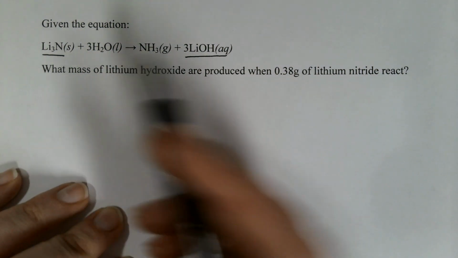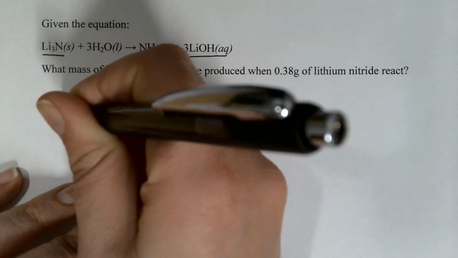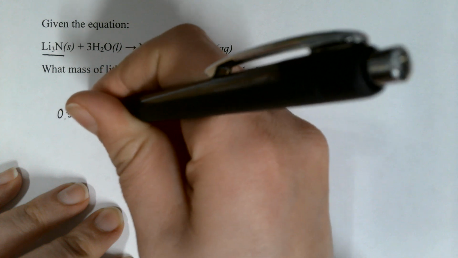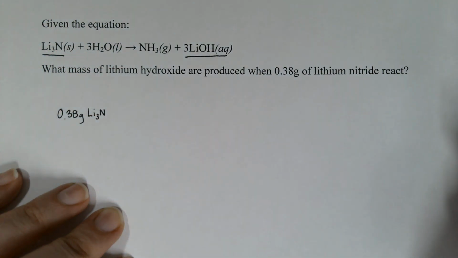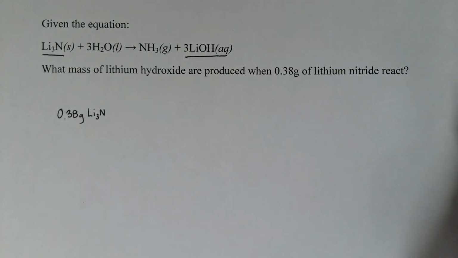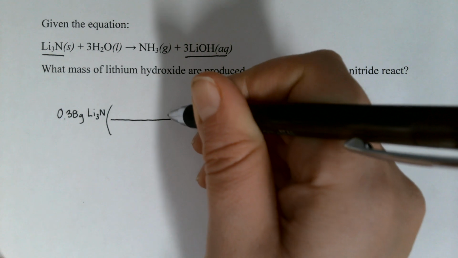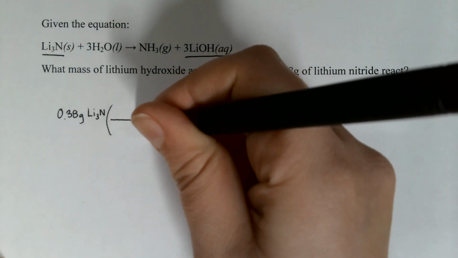So, we're going to start with the given amount, which is 0.38 grams of lithium nitride. Our first step is to convert that to moles of lithium nitride. So if I set up my parentheses, grams of lithium nitride we want to cancel, so that's going to go in the denominator.